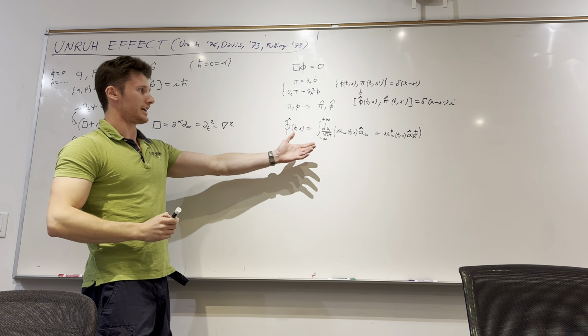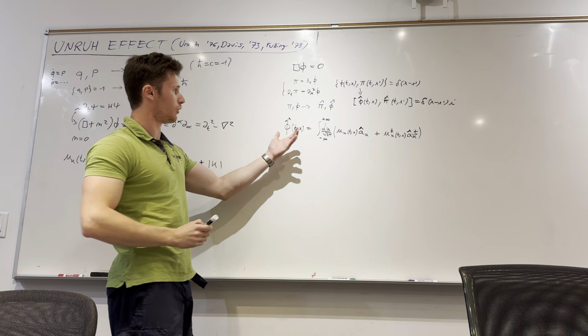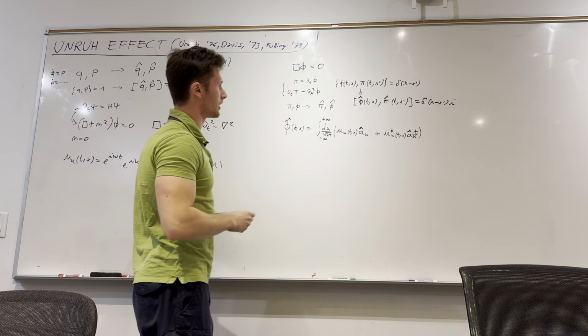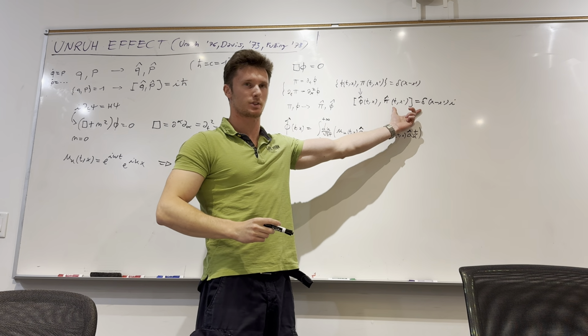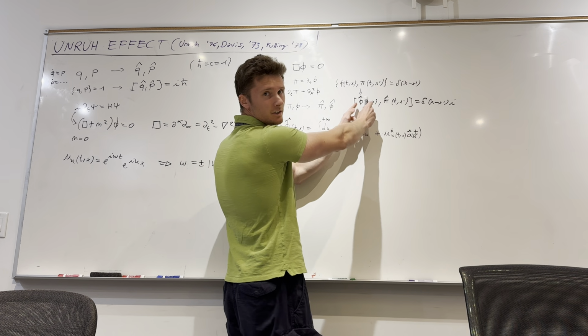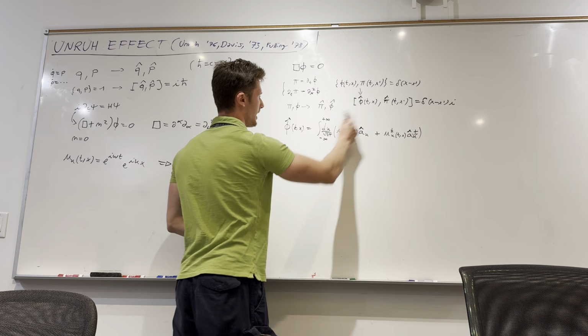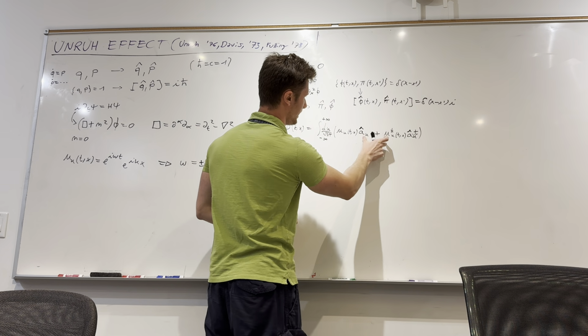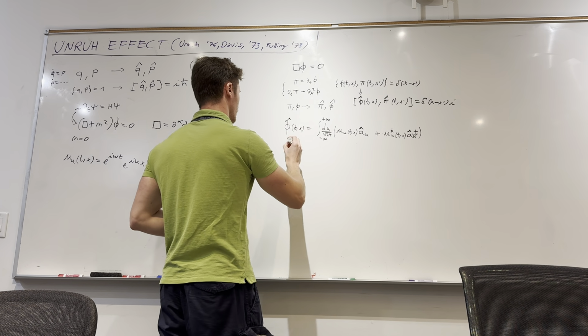The cool trick is that now I can know what is the Hilbert space upon which this operator is acting. If I impose these commutation relationships on this expansion, plug it in here, then take the time derivative to get pi and plug it in here, what I get is a commutation relation for a_k and a dagger.